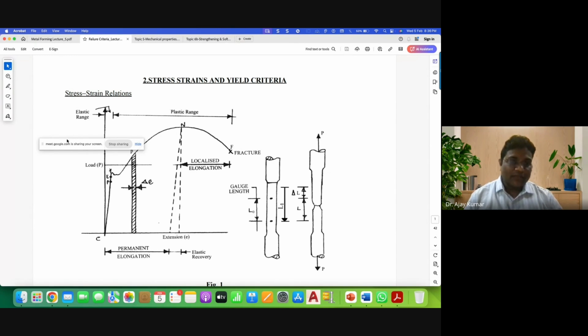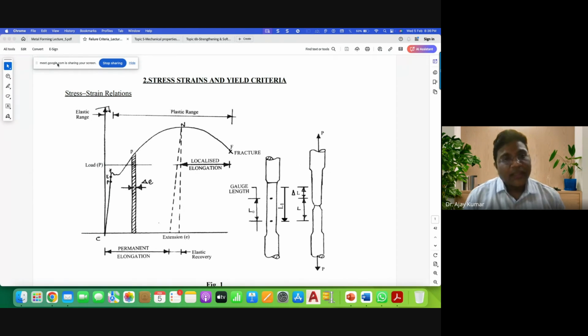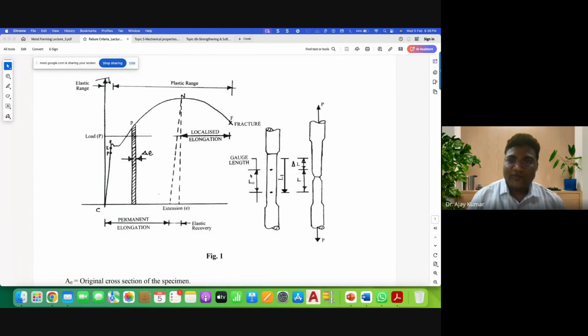So one simple thing all mechanical engineers do is the stress strain test. Okay, mechanical testing. So you have the metallic sample. I explained that you have to prepare the sample, a dog bone specimen, ASTM standard sample. And then you have the gauge length.